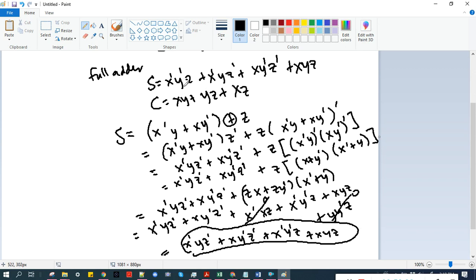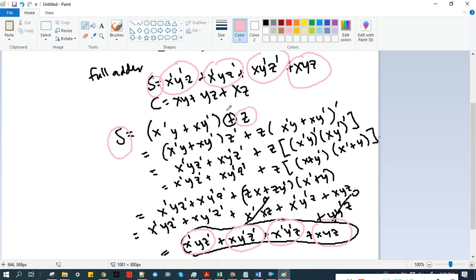X'Y'Z, XY'Z', X'YZ', XYZ. So they are equal. The full adder's S output is equal to the exclusive OR of Z with the exclusive OR of X and Y.